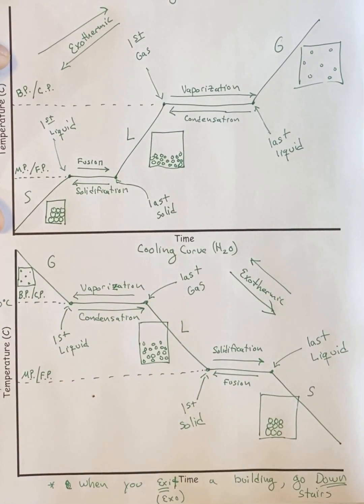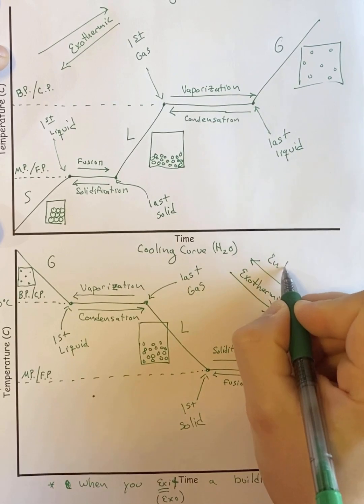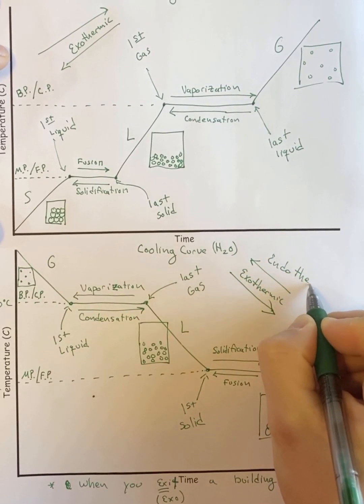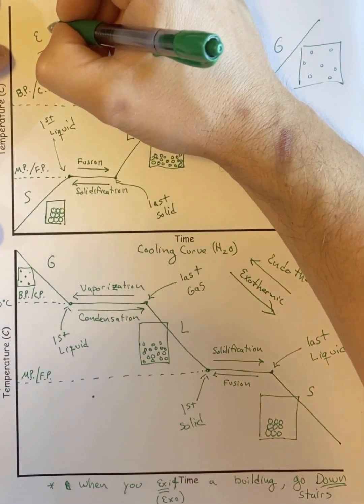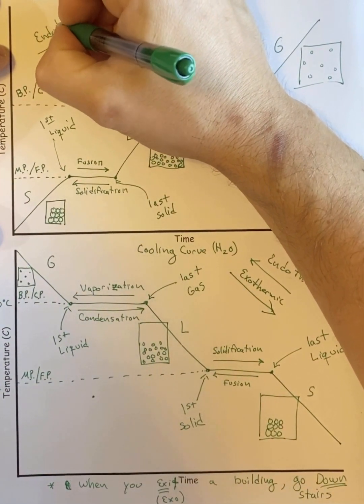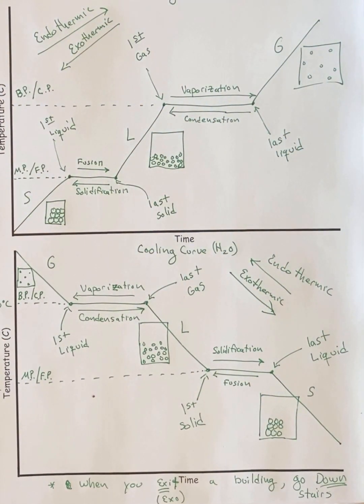So that's the exothermic direction. It's always down the stairs, whichever way happens to be down. And then the reverse is endothermic. So that is a fully labeled heating and cooling curve.